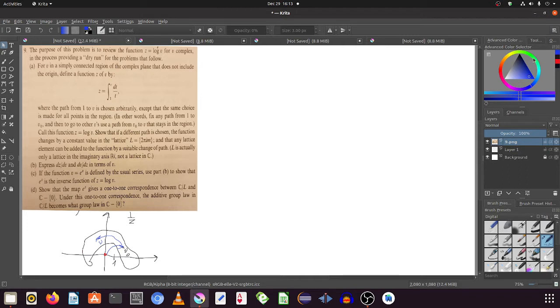So if we take another path, that's from unity, of course, that goes around here up to v0, instead of the blue one going from 1 up to v0, then the difference will be a multiple of 2 pi m.